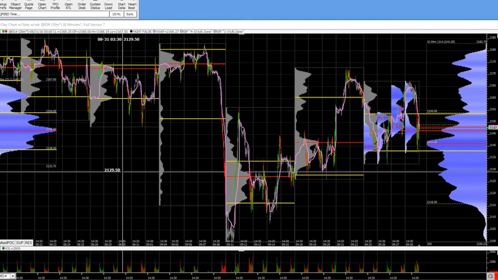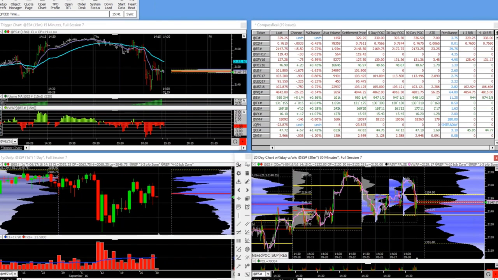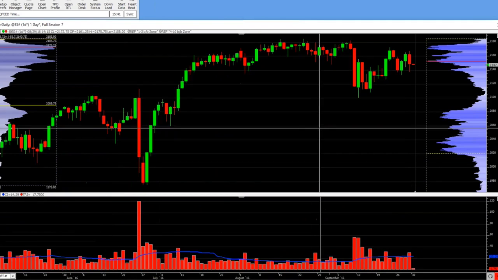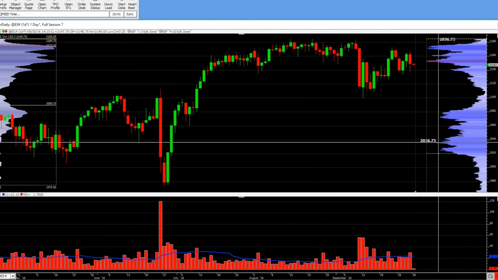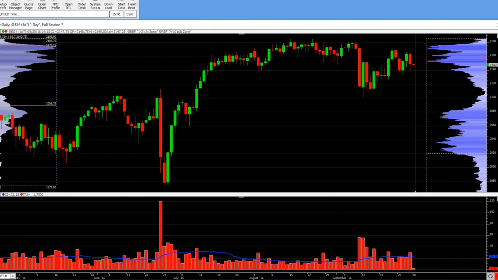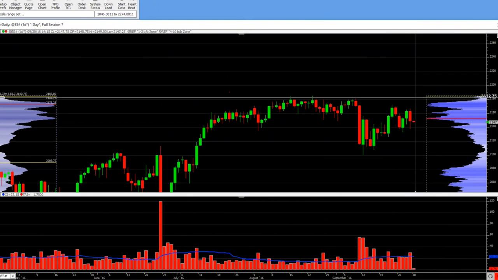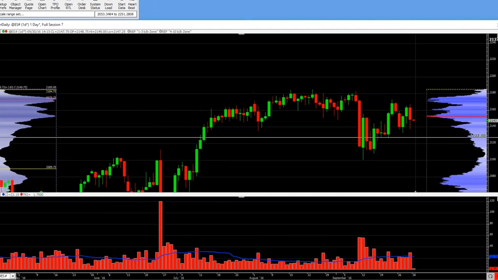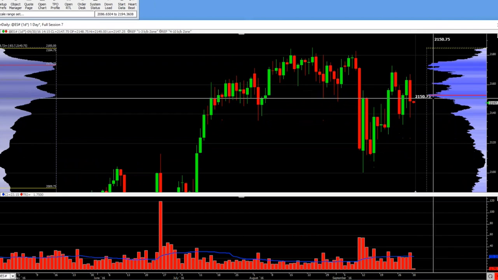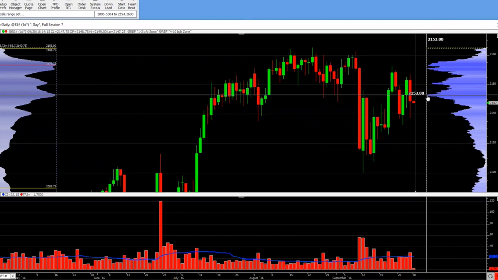But let's just talk at a very high level. We can look out here at a daily chart. You can see this is a 3-month, I'm sorry, this is a 3-month profile. This is a 9-month profile in the ES. So one, notice where we are. Notice that on a 9-month basis on the composite, we have value here.